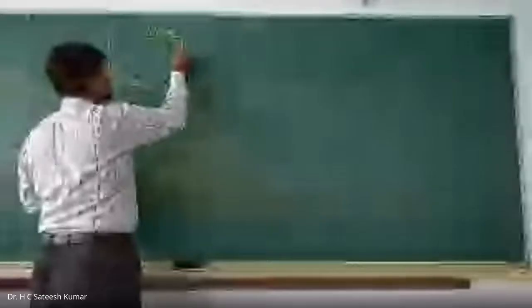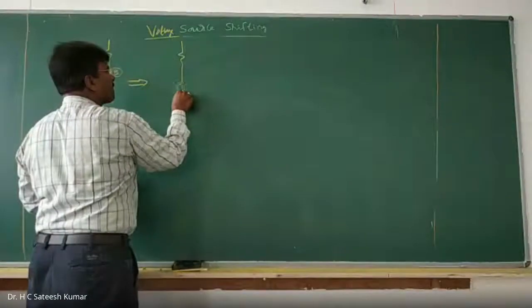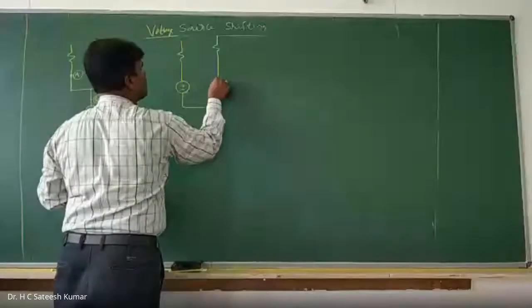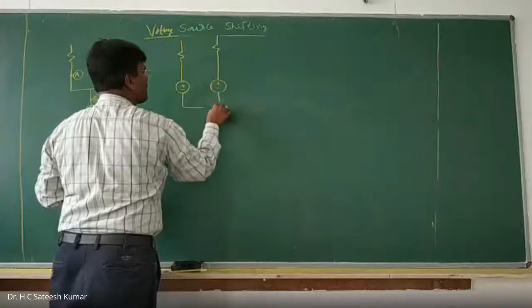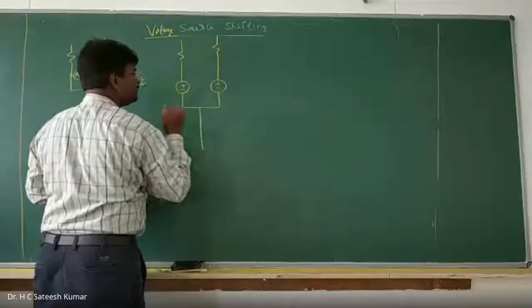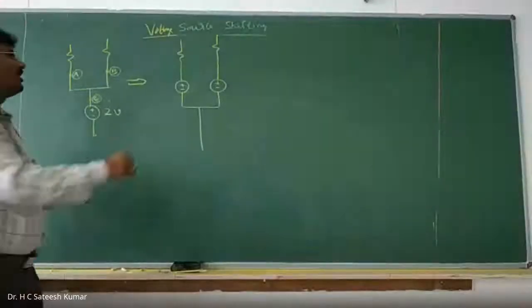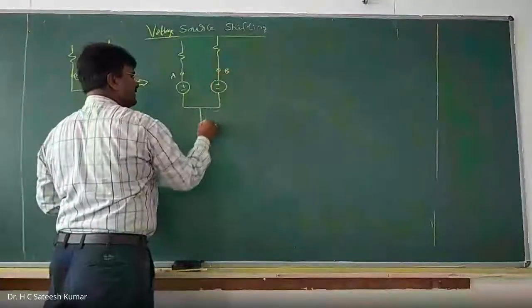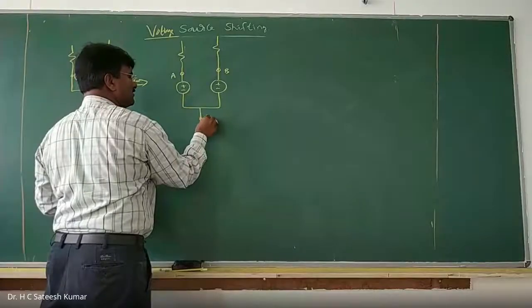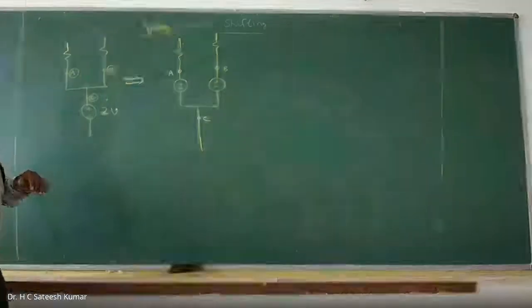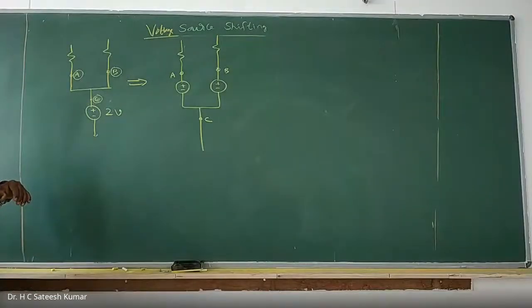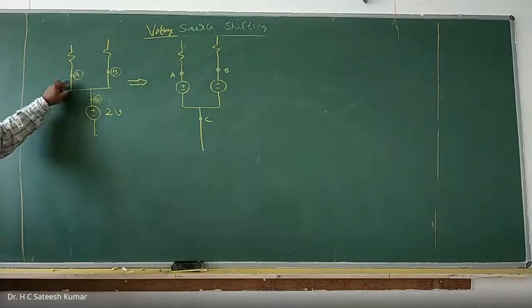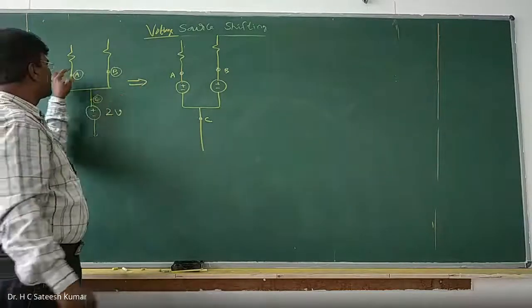Let us see how exactly it was. I'll write it as A, B, and this point is C. What is the voltage at this point? 2 volts, I said.